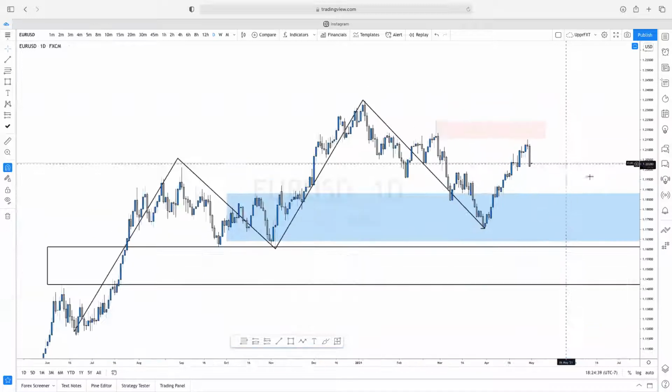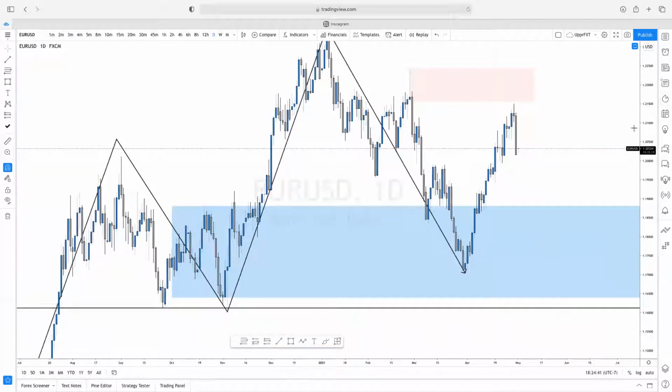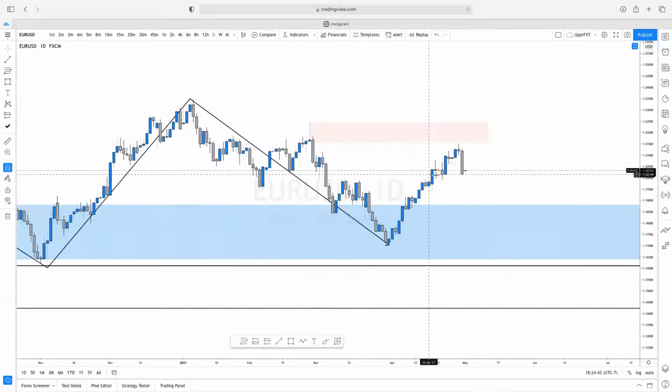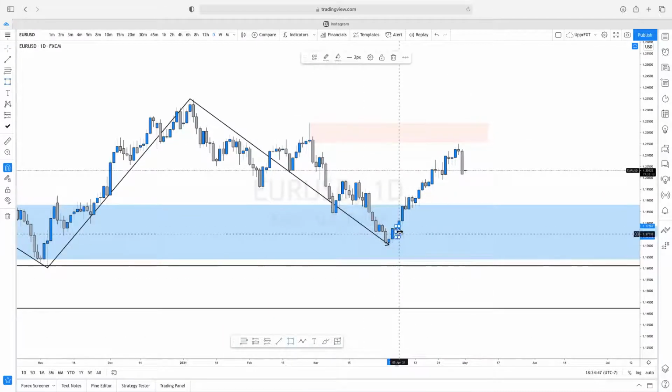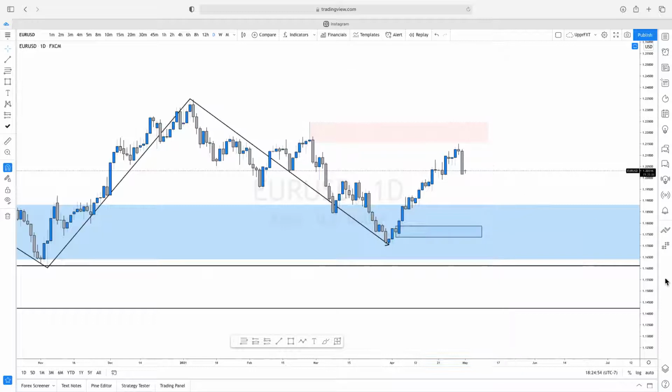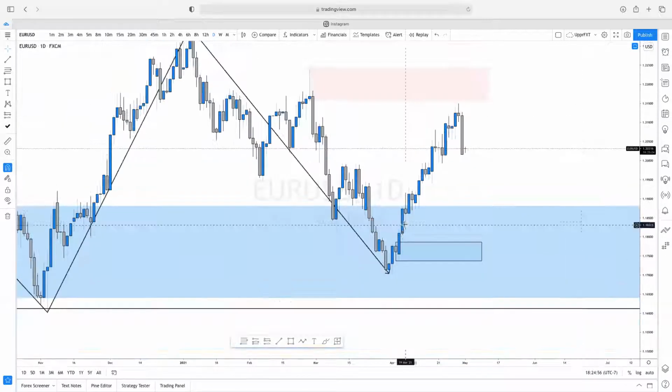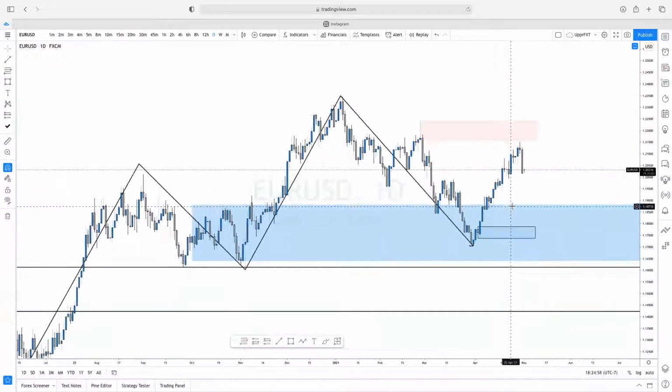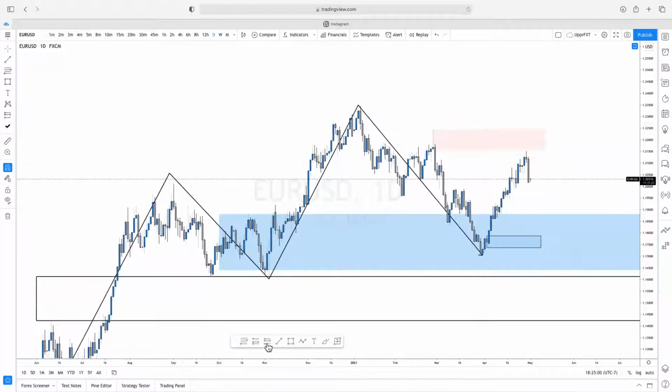On the daily, this is a good example of a sell to buy option, because we have points of demand down here that are still left unmitigated. I believe I spoke about sell to buys and counter trends last week, but this is a great example.